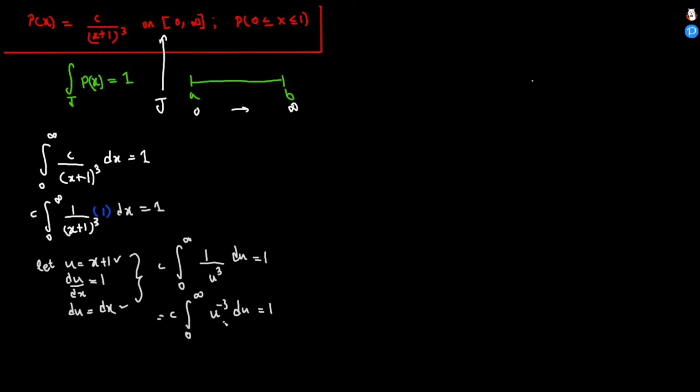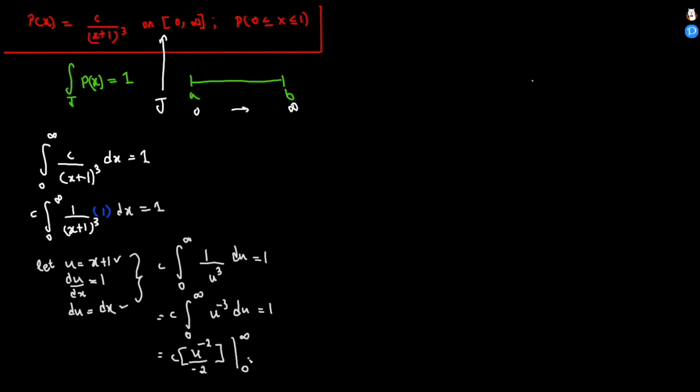So this is going to be u to the minus 2, so minus 3 plus 1, divided by minus 2, times c, evaluated between 0 and infinity.